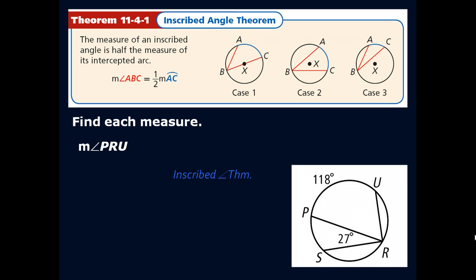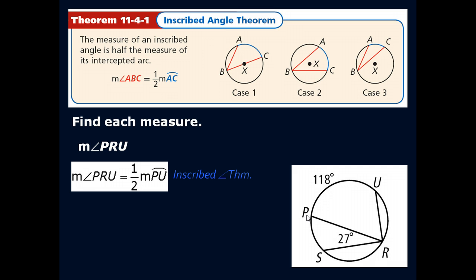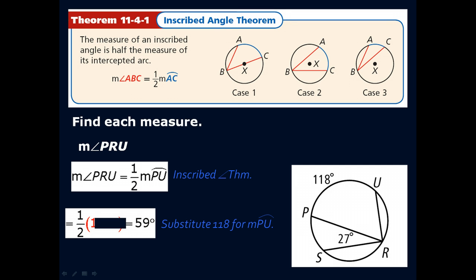So the Inscribed Angles Theorem tells me that the measure of PRU is half the measure of the arc PU. Substitute 118 for the measure of PU. I have 118 times 1/2 equals 59 degrees.